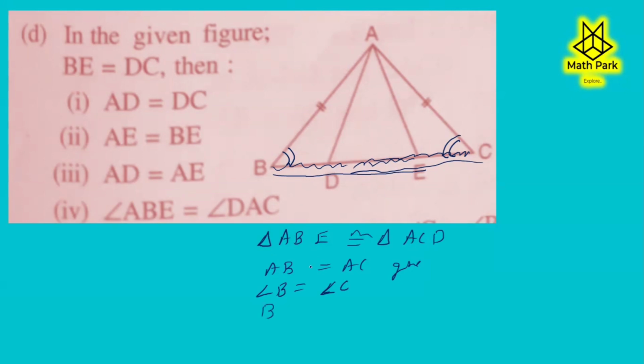And also you have BE is equal to CD, given to you. So therefore, the triangles are congruent by SAS. And therefore, you have AE is equal to AD by CPCT. So AE and AD, yes, we have this option. So option 3 is the correct option.